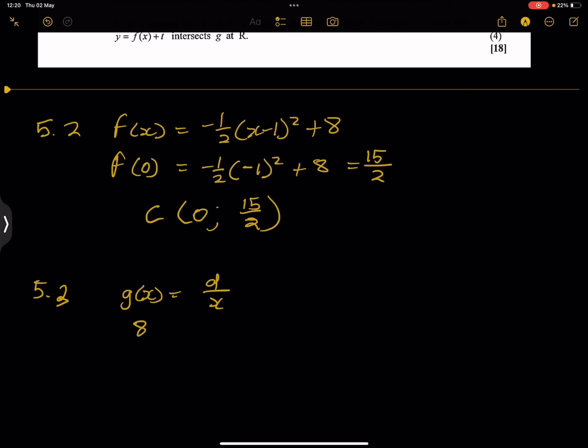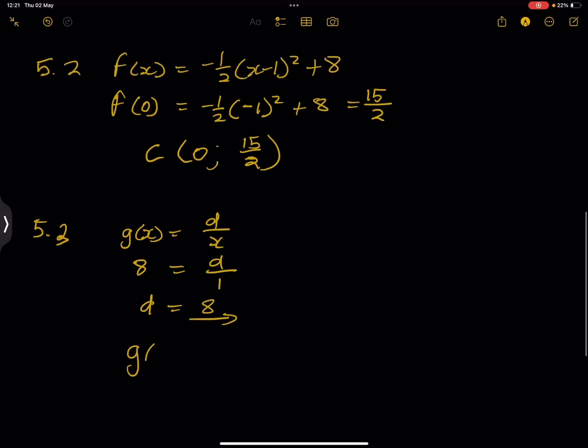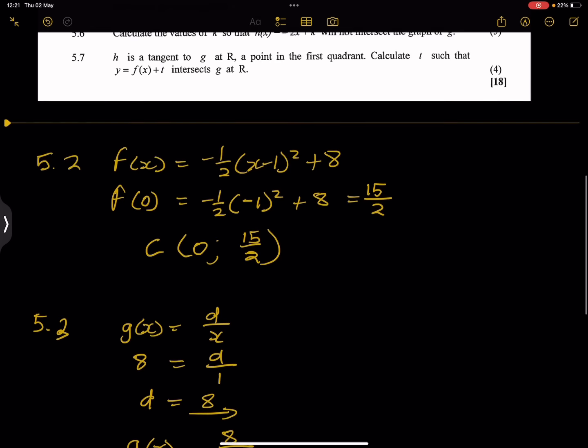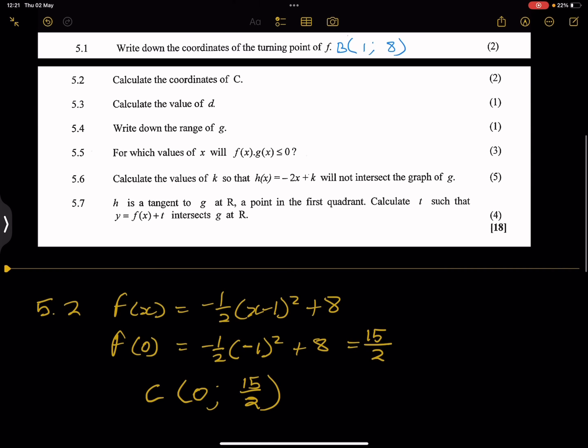So 8 would be equal to d over 1. So that means our d value will be equal to 8. So the equation g of x will be equal to 8 over x.